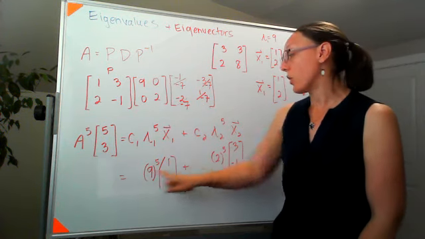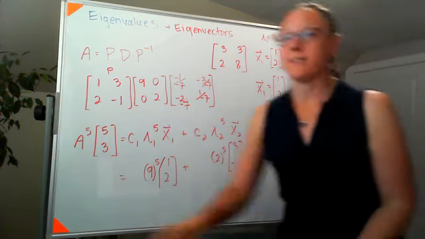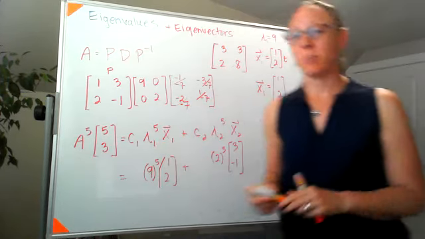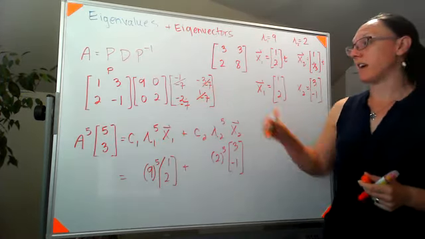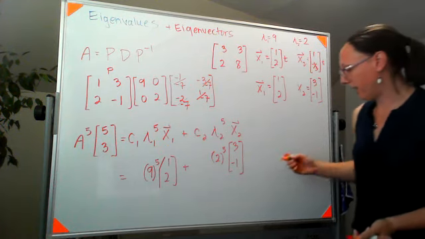Okay, so to solve for the C1 and C2, there are 2 ways to do that. The textbook version uses P inverse. I just hate that because I don't like fractions.